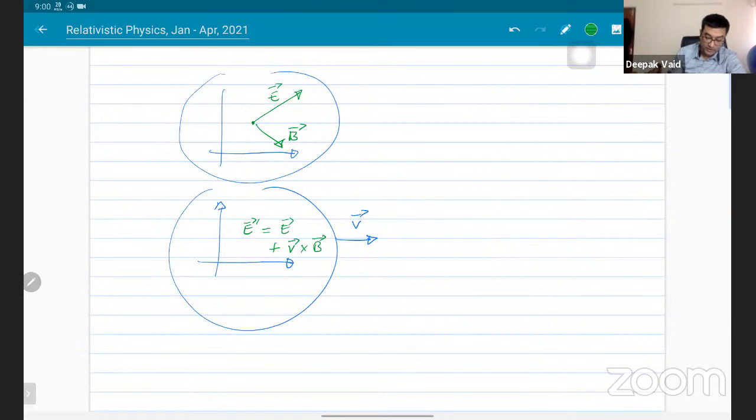So the magnetic field in the original frame will contribute to the electric field in the moving frame. So if in the original frame you set E equal to 0, and B is not 0, what happens? You get E prime is equal to V cross B. You get an induced electric field due to the apparent motion of the frame of reference.